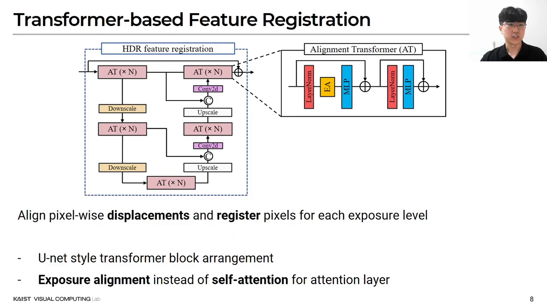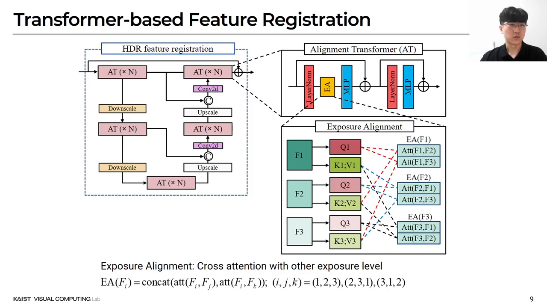For feature registration, we adopt a multiscale transformer architecture from various feature extractions. For each transformer block, we use an exposure alignment operation instead of the self-attention of a general transformer block. Our exposure alignment module performs cross-attention with other exposure features.